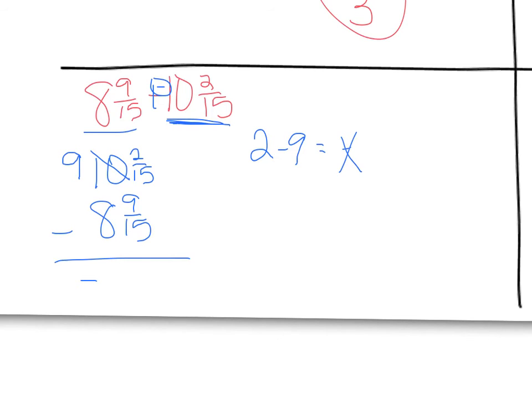When I borrow from the 10, I am borrowing one whole number from that 10. So I can't just add a 1 to this 2 fifteenths. I have to add whatever 1 looks like as fifteenths. And as fifteenths, we can always write 1 as a number over that same number. So instead of 1, we're going to write 15 over 15.